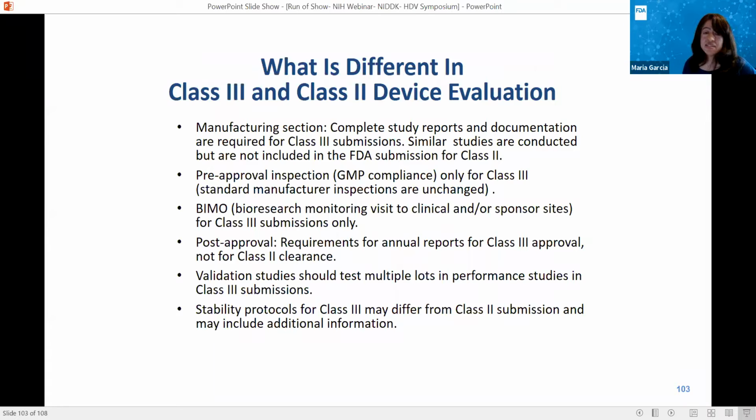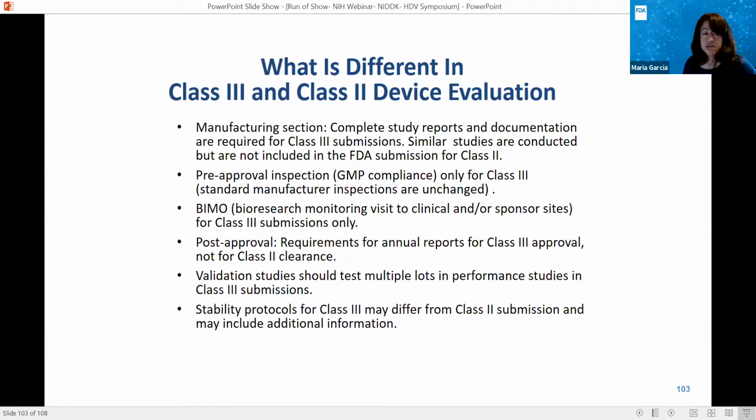And just to give you an idea of the differences between class 3 and class 2 devices. So there are differences, and these include the following: the provided manufacturing section information is more extensive in class 3, and the pre-approval inspection is also for class 3 devices.